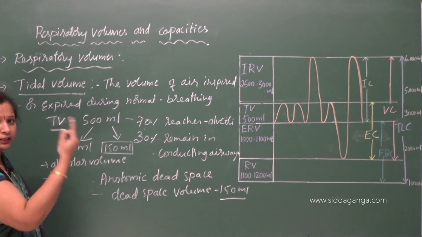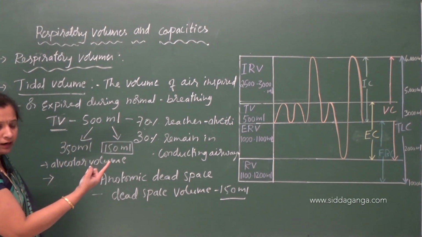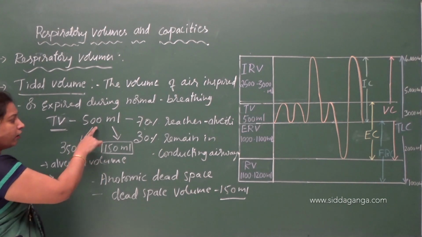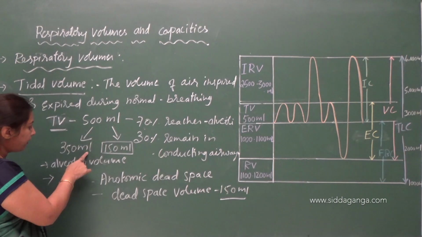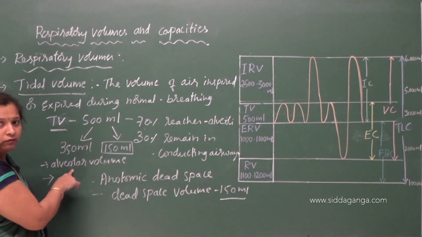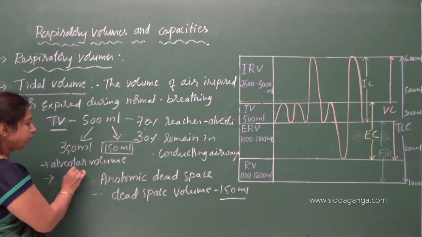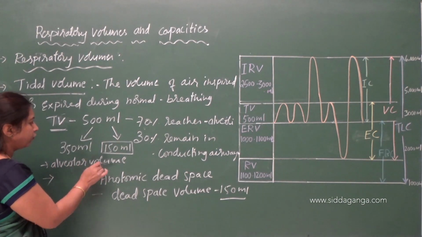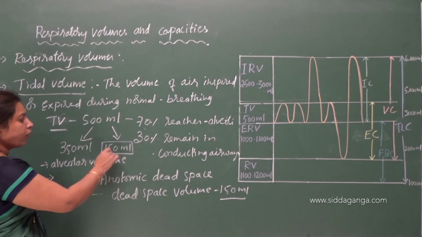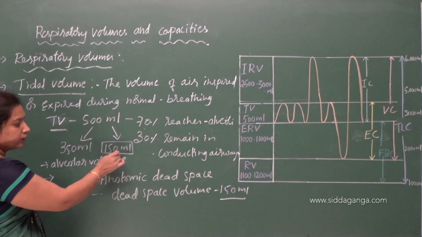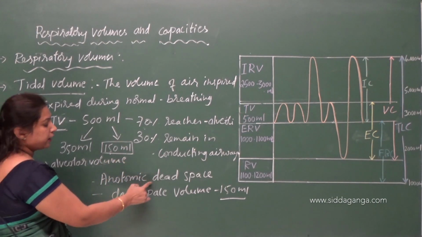So when we are breathing normally, we take in 500 ml of air and release 500 ml of air. Of the 500 ml of air we inhaled, only 350 ml will reach up to the alveoli, and that is available for gaseous exchange. That volume of air is called alveolar volume, and the remaining 30%, which will not reach the alveoli, will remain in the anatomic dead space.